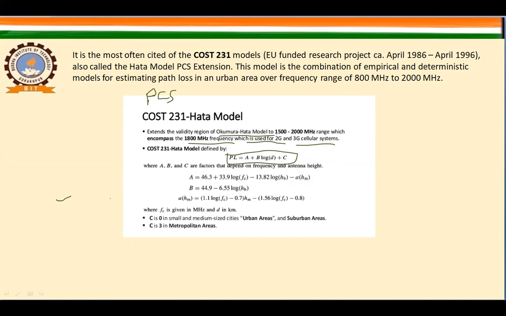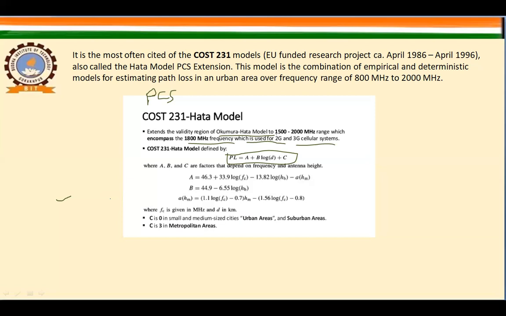So A, B, and C are simply the equations, adopted and developed after system analysis. There are three constants A, B, and C, which depend on the frequency and the antenna height.